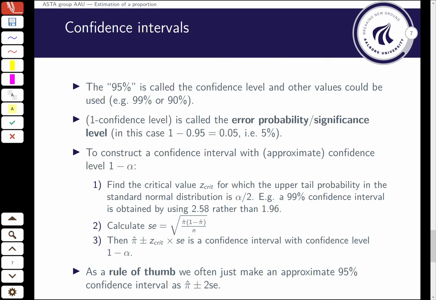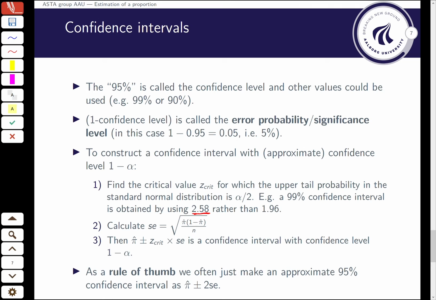Then we get a value from the normal distribution, which we have to look up either in software or in a table, and we find the value 2.58 if you look up this tail probability in the normal distribution. Then we calculate the standard error with the formula from before, and we just take pi hat plus or minus this critical z value that we looked up, times the standard error, and we have a confidence interval.